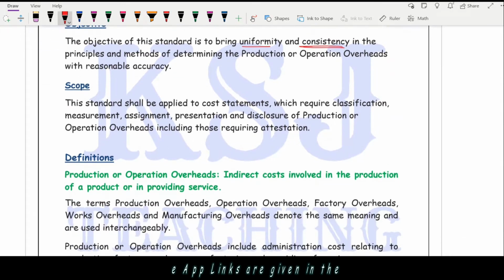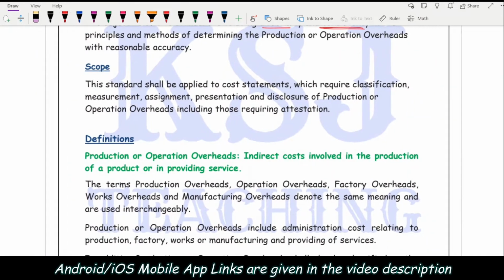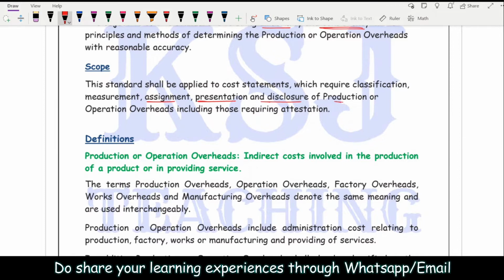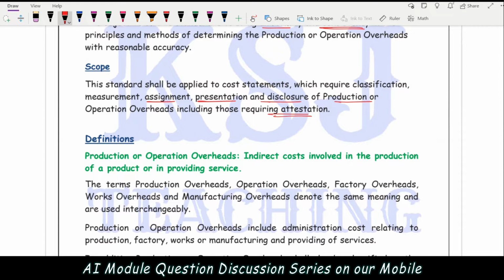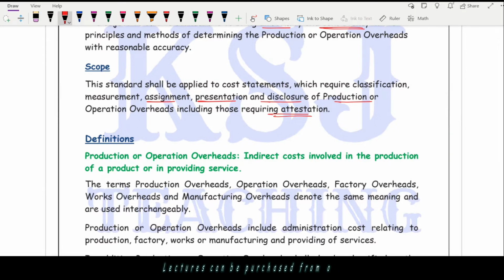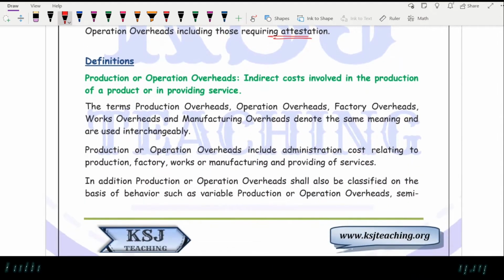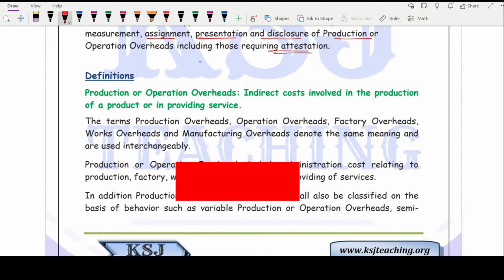The standard shall be applied to the cost statements which require the classification, measurement, assignment, presentation, and disclosure of production or operation overheads, including those requiring attestation, right? So it is applicable to all those cost statements where you are required to present the production or operation overheads, right?